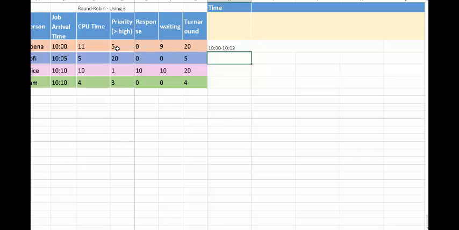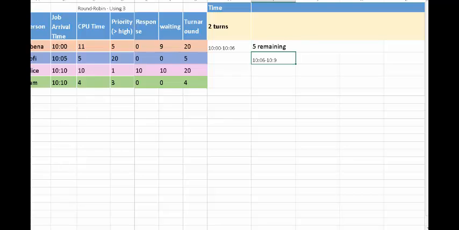Stop. She has some time left over. But by the time she finishes at 10:03, there's nobody else around, so she can continue and extend her time. So she'll go to 10:06. She got 2 turns. But by the time she finished her second turn, Kofi is in, and so Kofi gets to go from 10:06 to 10:09. He's done 1 turn. Abena has 6 done. She has 5 remaining.